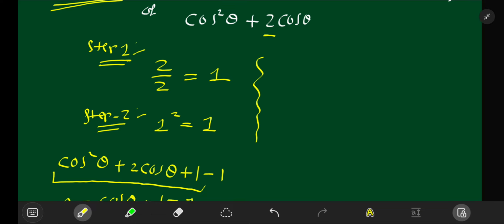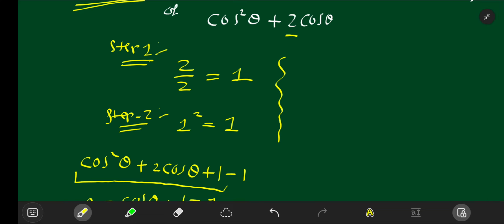So it can be written as cos theta plus 1 whole square, and minus 1 is there here. So it is written here after the perfect square. Now it is in the form of perfect square.